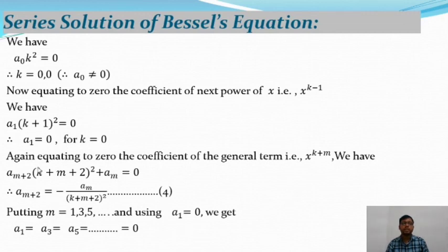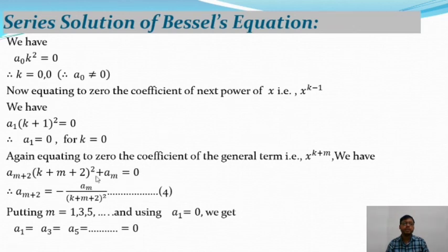Okay, again equating to 0 the coefficient of the general term, that means x to the power k plus m, from the above equation we have a(m plus 2) into (k plus m plus 2) whole square plus a m is equal to 0.